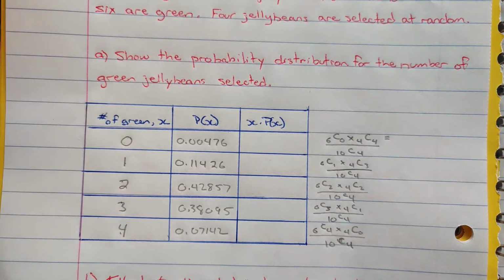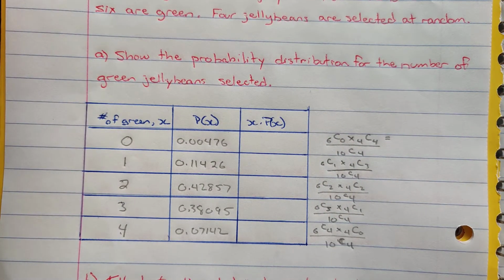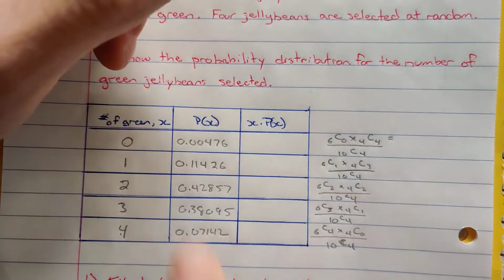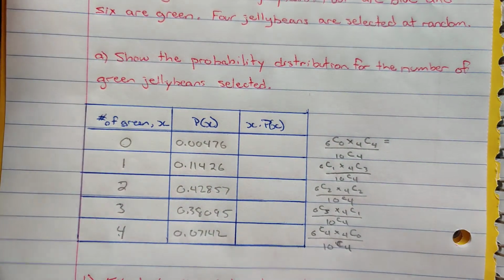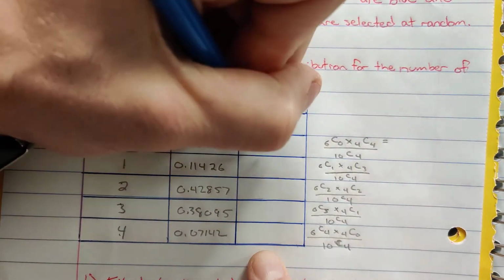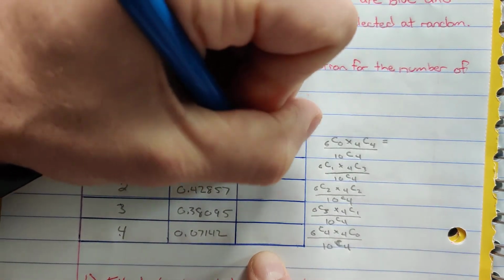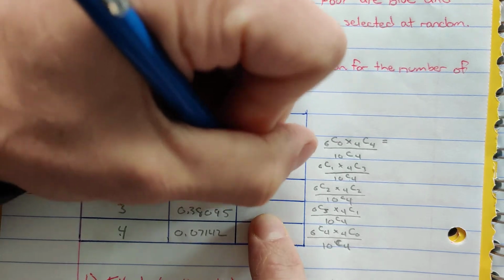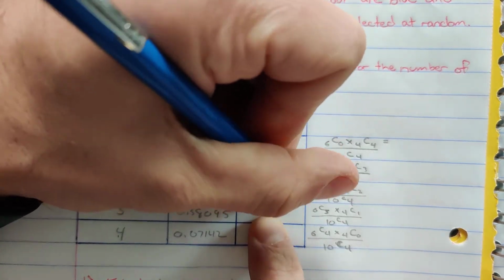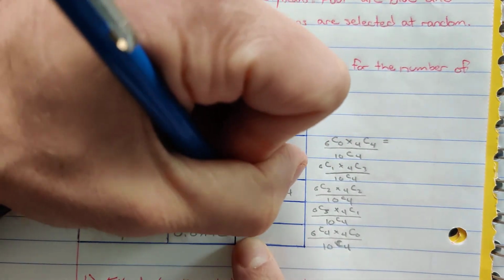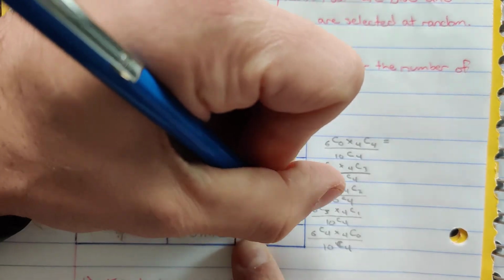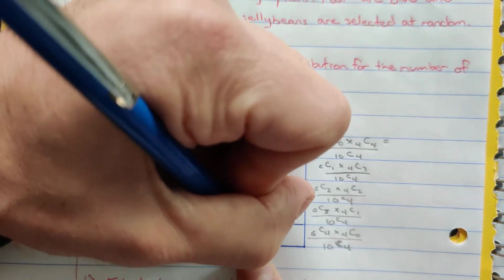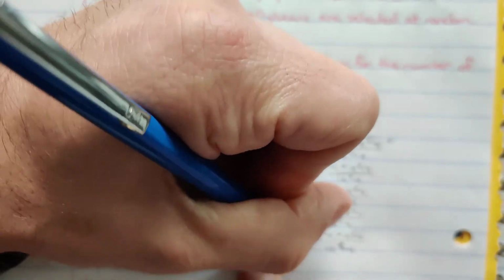And now, just because we're going to end up calculating the expected value, we'll multiply these now while they're in the table here. So if we multiply these out, we get 0, we get 0.11426, we get 0.85714, 1.14285, and 0.28572.